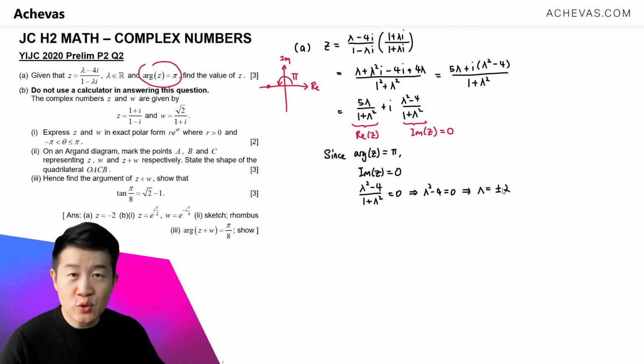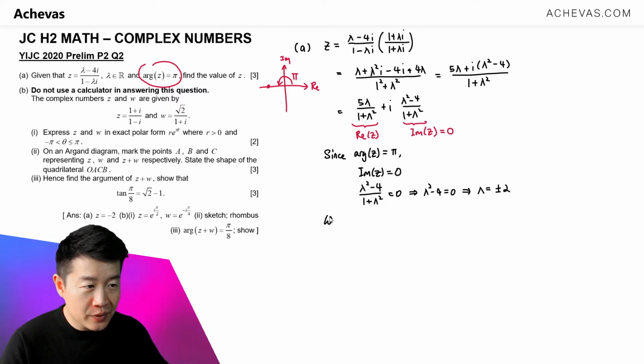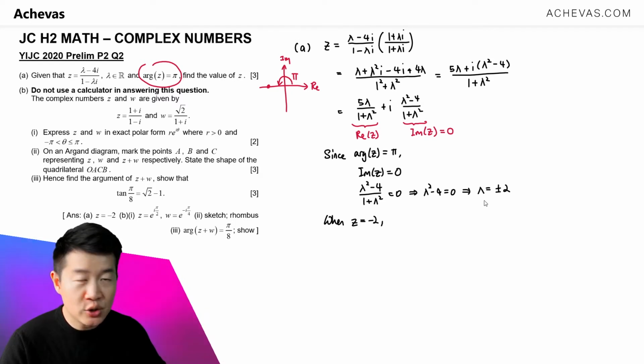We're going to make use of these two possible values for lambda to find the value of z. Let's check. So when lambda is equal to minus 2, let's find out what is z. z is equal to 5 times minus 2 divided by 1 plus minus 2 squared, plus i of, this must be 0, right?